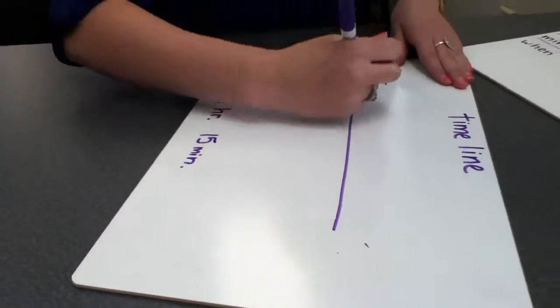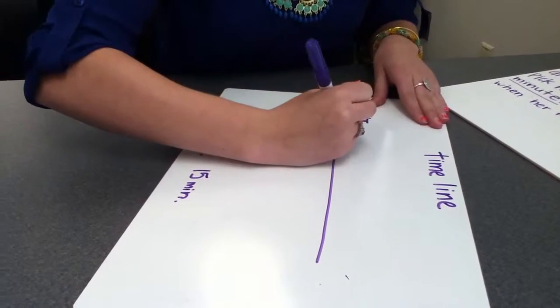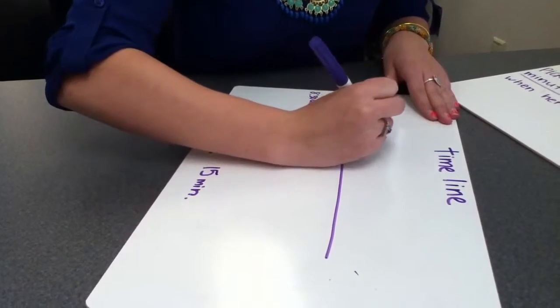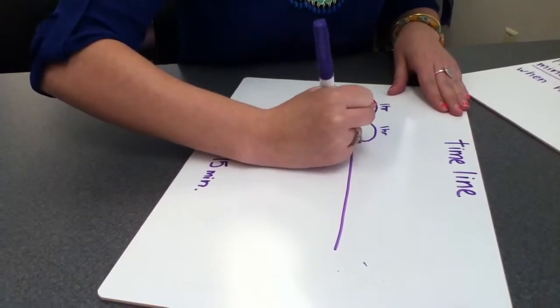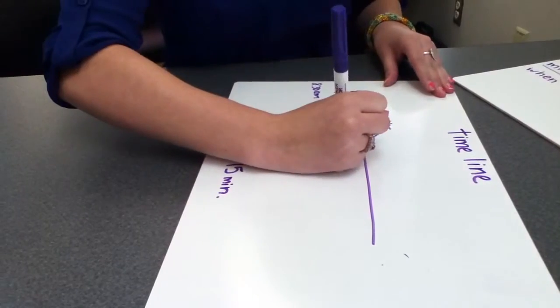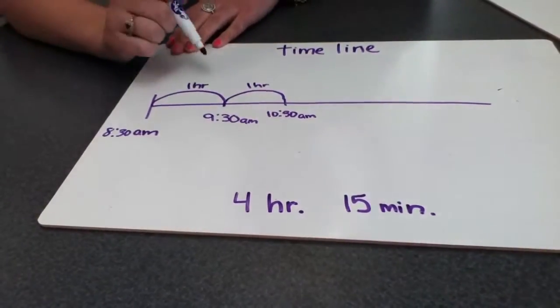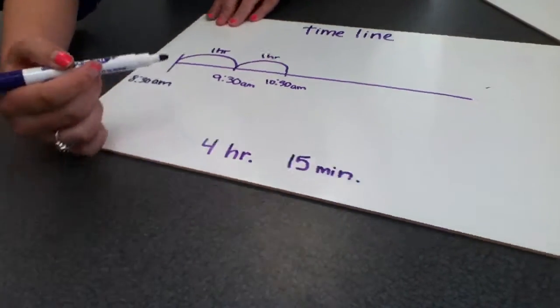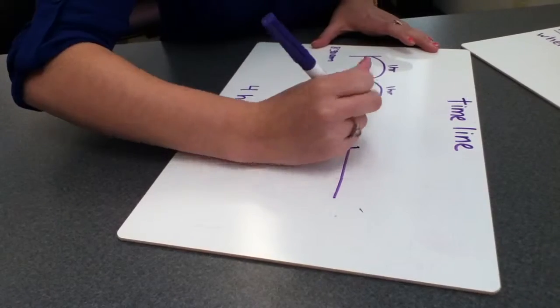We're going to make another 1 hour jump. And that 1 hour jump is going to put us at 10:30. And again, I'm going to put a.m. because we're still in the morning. So far we've knocked out 2 of our 4 hour jumps. So then I'm going to make 2 more here.